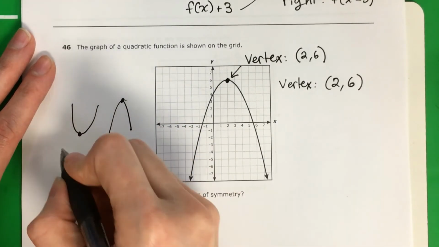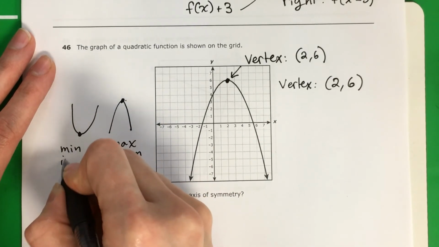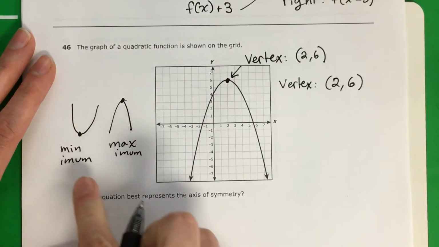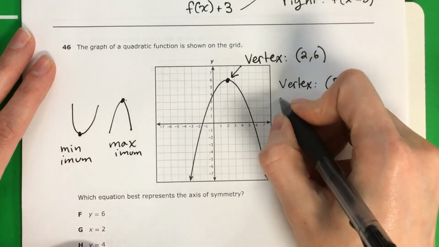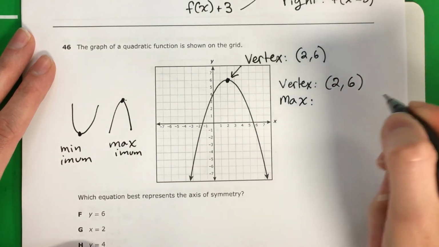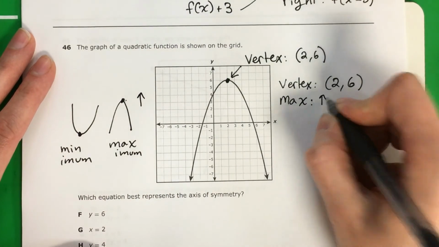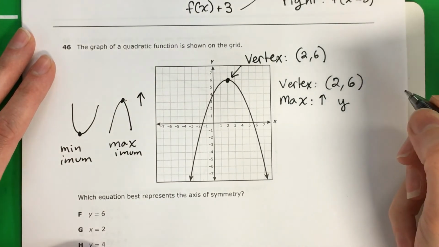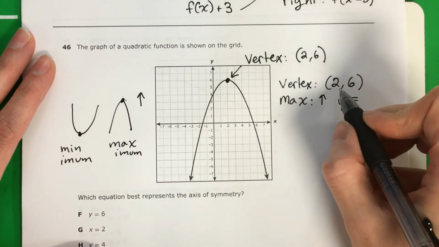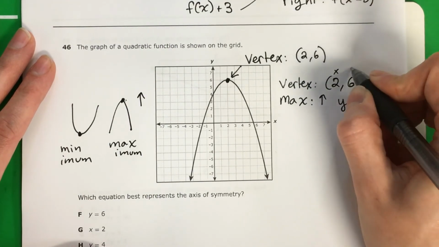If you have the point down like this, that's a minimum. Okay, so this is a maximum. I'll put max. Maximum means the point is up. Up means y. It's a direction for y. So y equals, y is the 6.